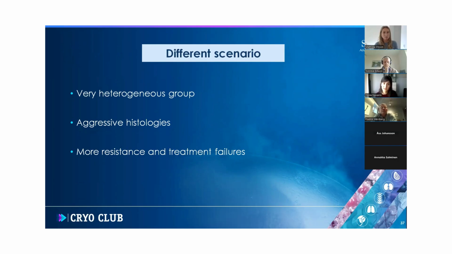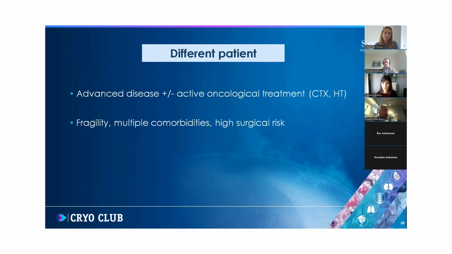Many of these cases have aggressive histologies, meaning more resistance and treatment failure. So it's a group more difficult to manage and treat. It is a different patient with advanced disease and usually with an active oncological treatment, meaning in some cases fragility, comorbidities, or high surgical risk.